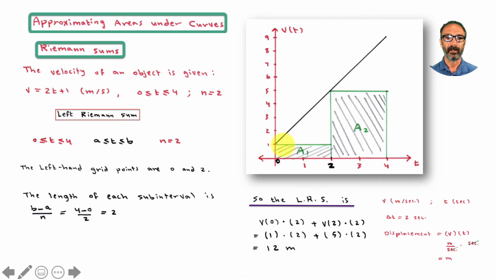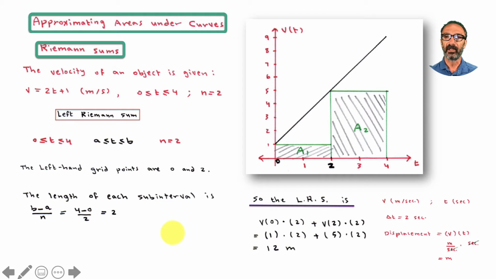So the object moving with velocity 2t plus 1 from 0 to 4, with a fixed slope, will give me a displacement of 12 meters from its start location.